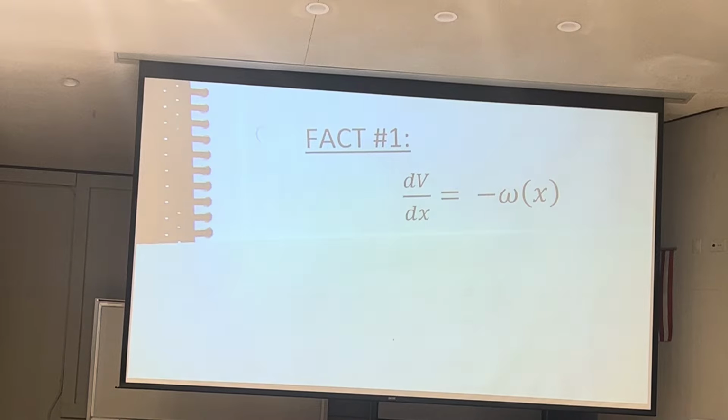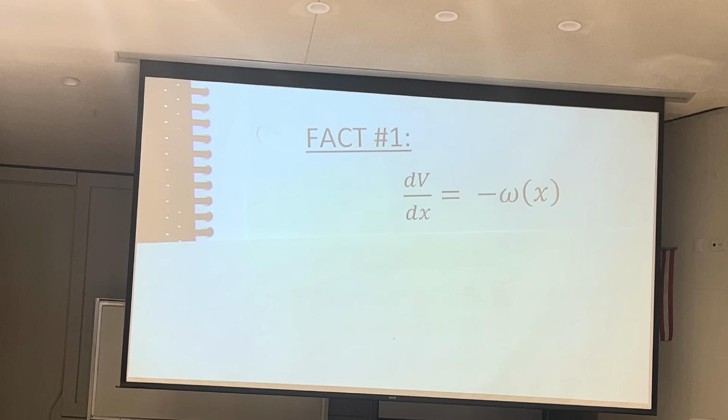says dV/dx equals minus w(x). Derivable fact. Again, all equations talk to you. You just have to be able to interpret what they're saying. What is this equation really saying? It says dV/dx, slope.